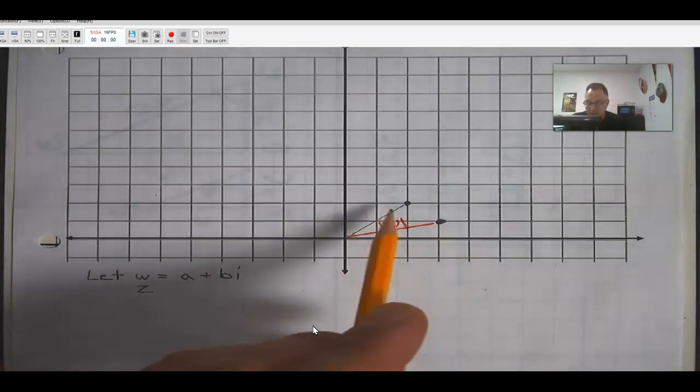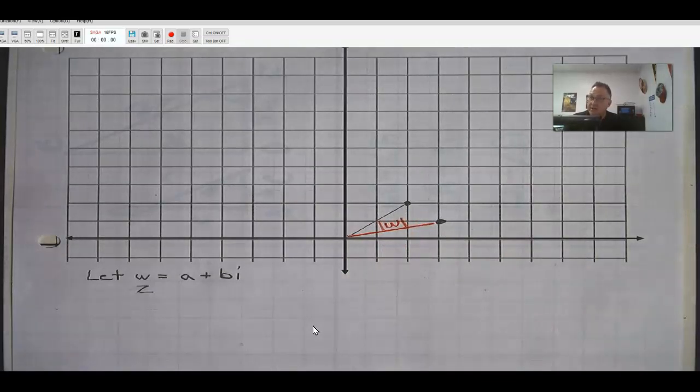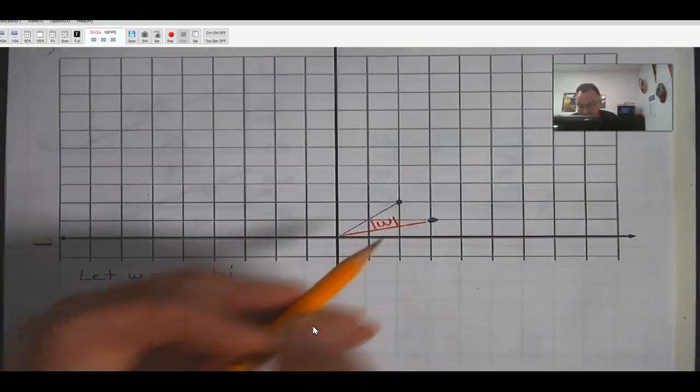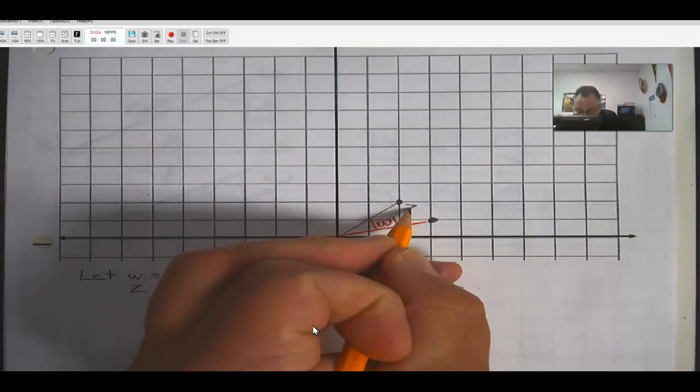Don't label anything on this. We're going to be labeling it here in a minute. But that's where Z is right now. Z's right here.